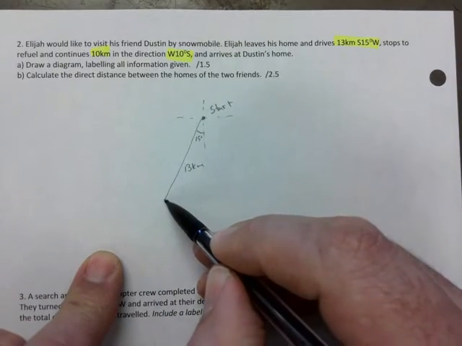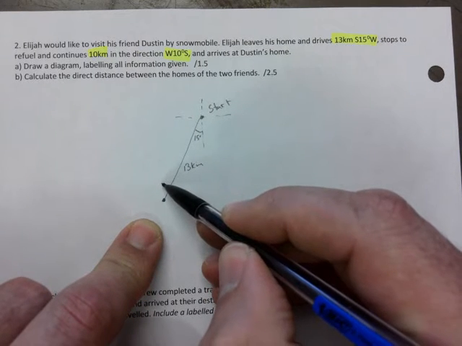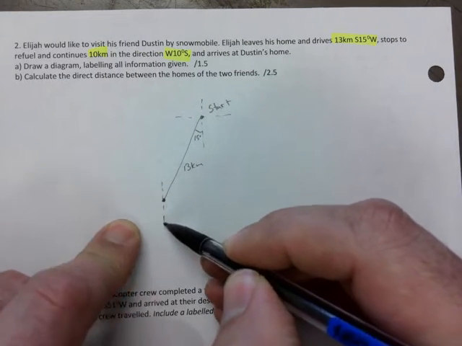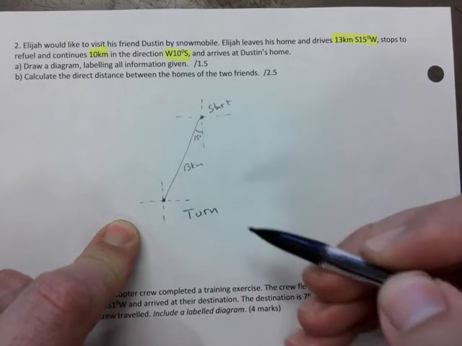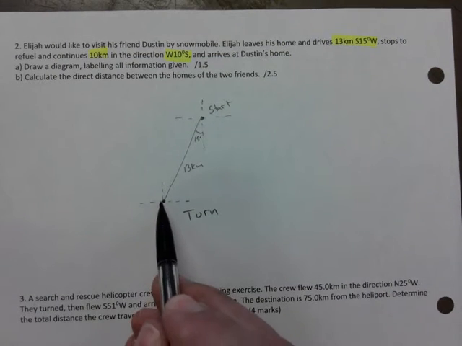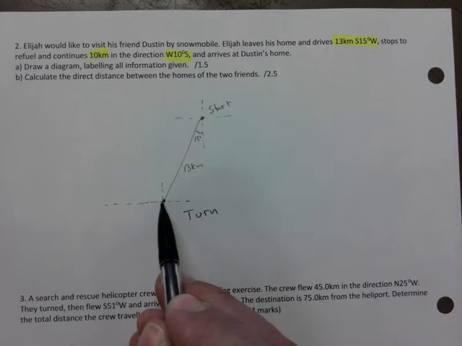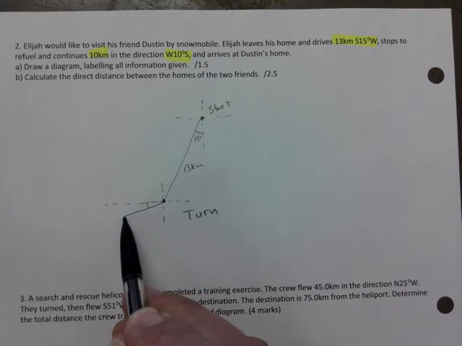And then here, refuels, right? So we have a turning point here. We'll call that turn, okay? And then you're going west 10 degrees south. So you start westbound, but then you turn 10 degrees, and it's not that much, right? 10 degrees is just a small little angle, right?